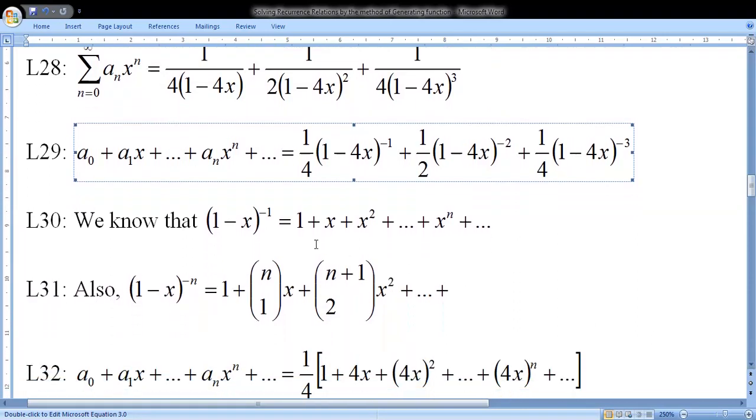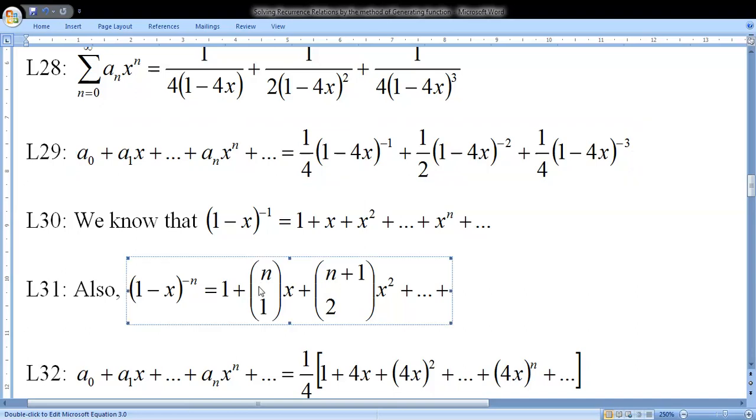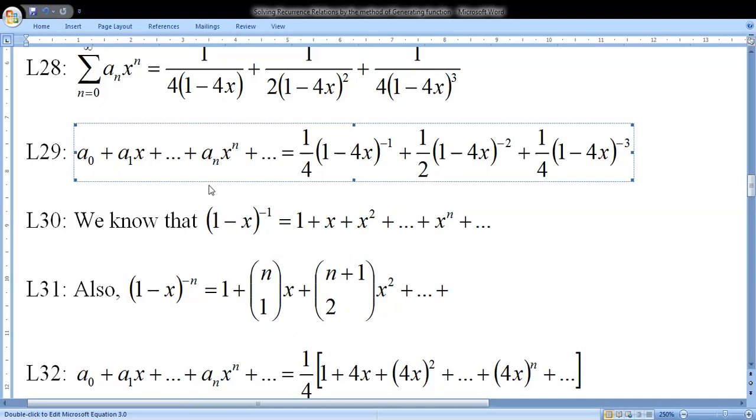1 minus x whole inverse is 1 plus x square and so on. And 1 minus x whole power minus 1 is, the formula is 1 plus, so this notation is nc1 x plus n plus 1 c2 x square and so on. And I have applied the formula from line number 29 to line number 32. LHS is same.